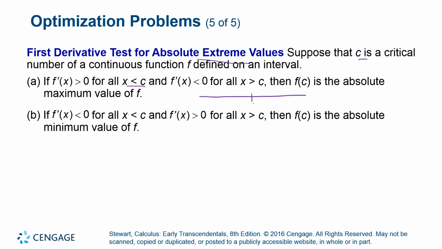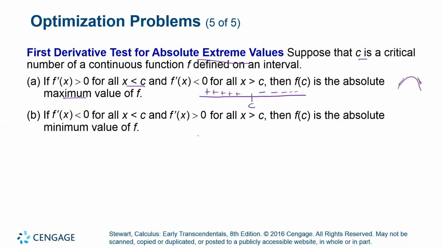Now this is the same as we discussed before. This is my c. Every x to the left of that, this is positive. And every x to the right of the critical number, the f prime is negative. It changes from positive to negative. And so that's why I have an absolute maximum.